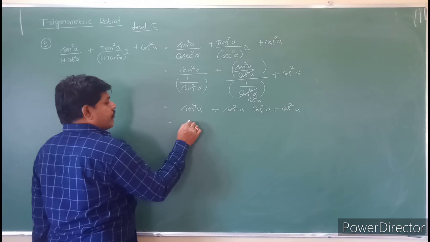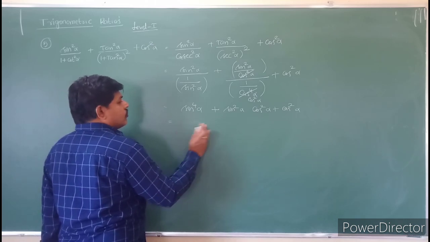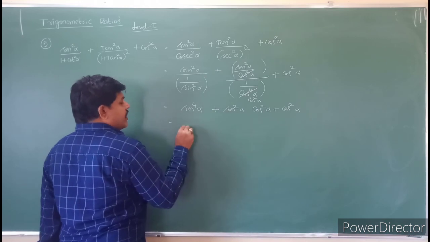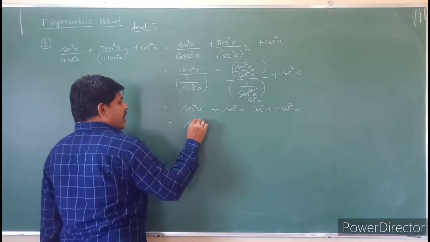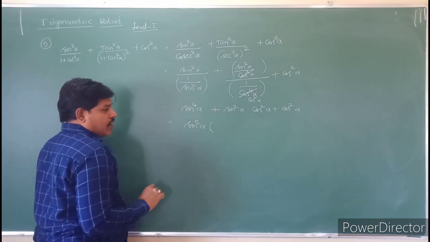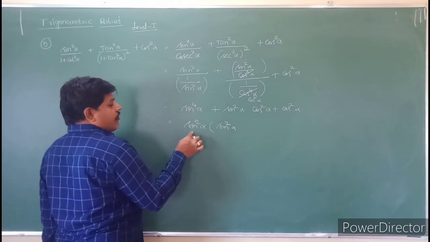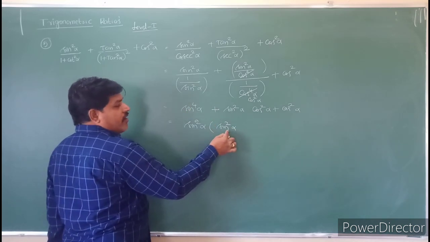So that implies sin power 4 alpha. From these two you can take sin square alpha common. If you take sin square alpha out of the sin power 4, the remaining value is sin square alpha.